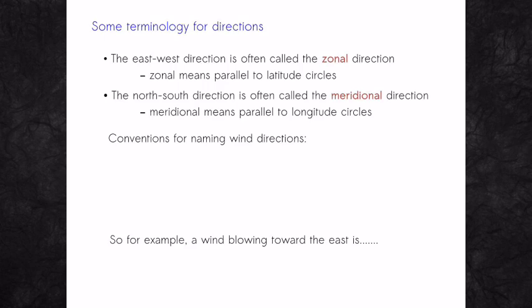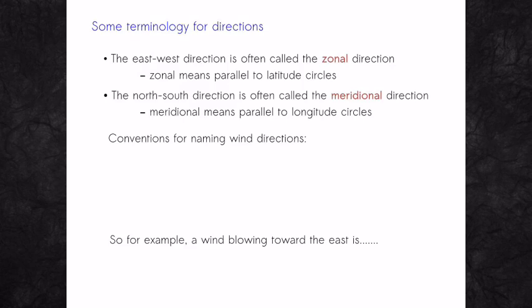Now, by contrast, if you're talking about a direction along a longitude circle, those are the circles that run from pole to pole, that's referred to as meridional. The term basically comes from the term meridian, which is another way of referring to longitude circles. They're called meridians. You may have heard of the prime meridian. The prime meridian is the longitude circle that has longitude of 0 degrees.